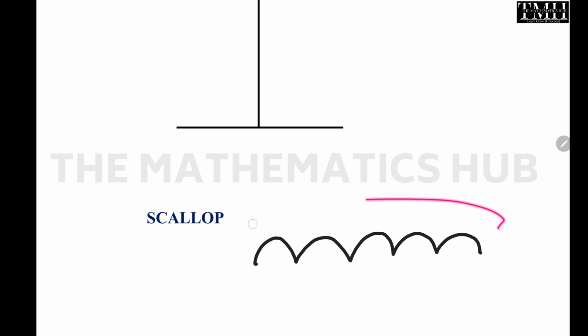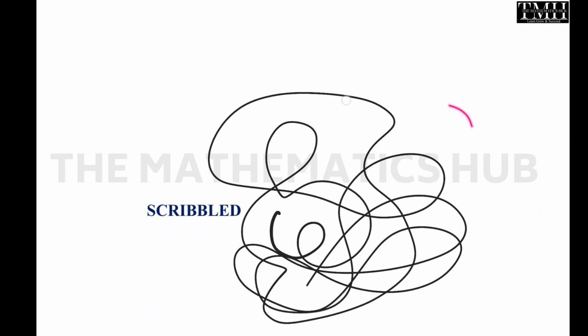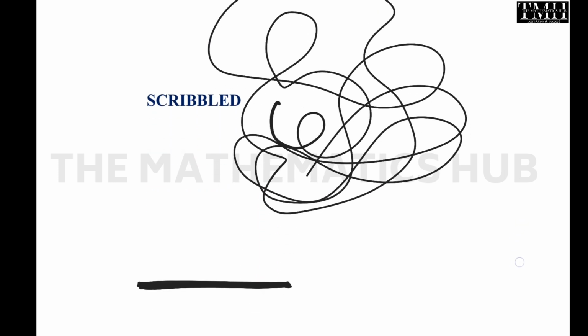Then scallop. The formation of this type of line is scallop. You must have seen the fence around your home or your garden, and there you will see this type of formation.